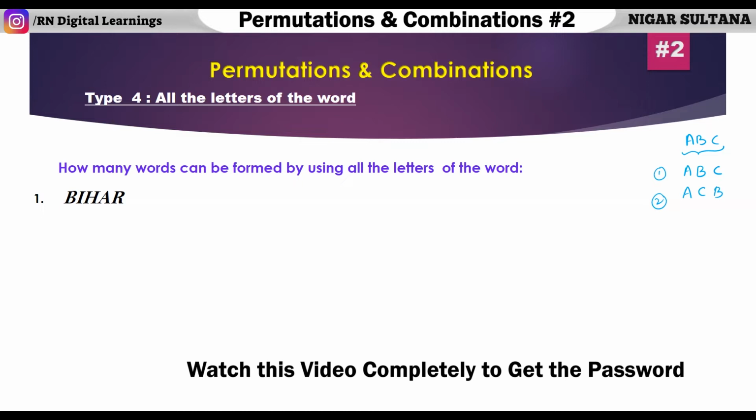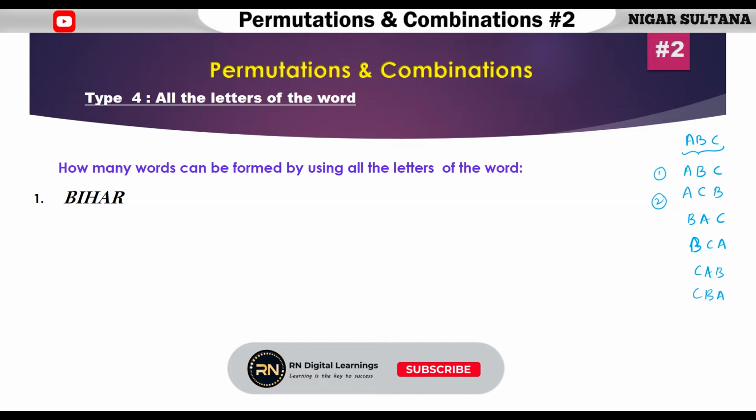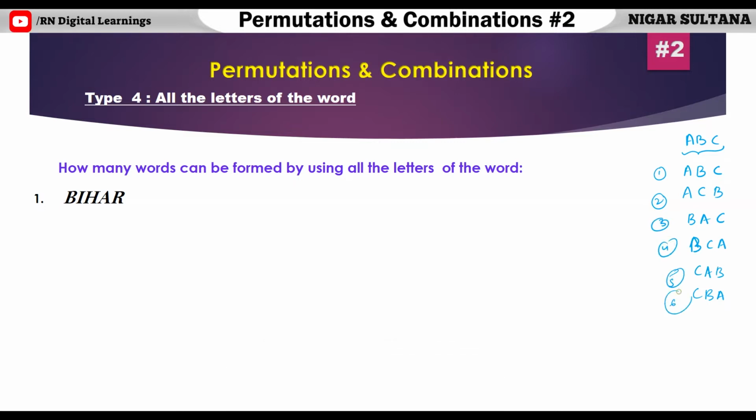Next is B, A, C. Next, B, C, A. Next is C, A, B and C, B, A. So how many ways can we arrange these three objects? 6 ways.